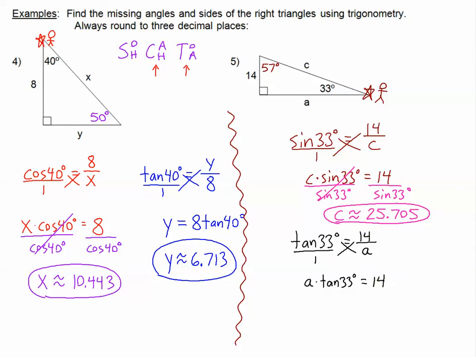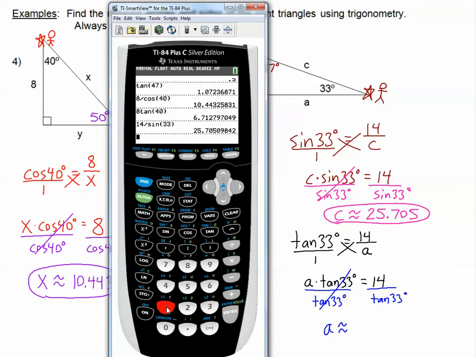And it looks like that's going to be the same step, except that I'm dividing by a tangent of 33 degrees this time. And I will have A is approximately equal to 14 divided by the tangent of 33 degrees. 21.558.